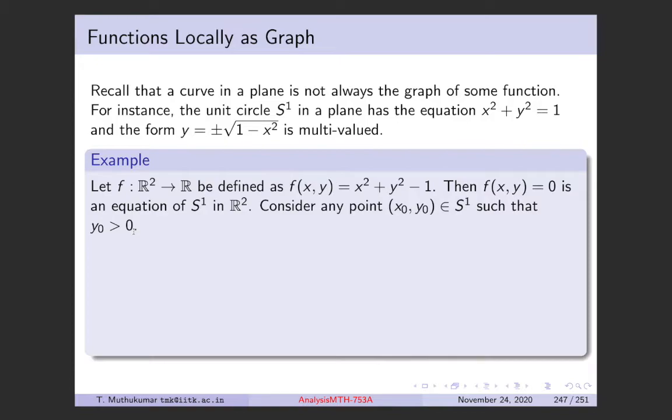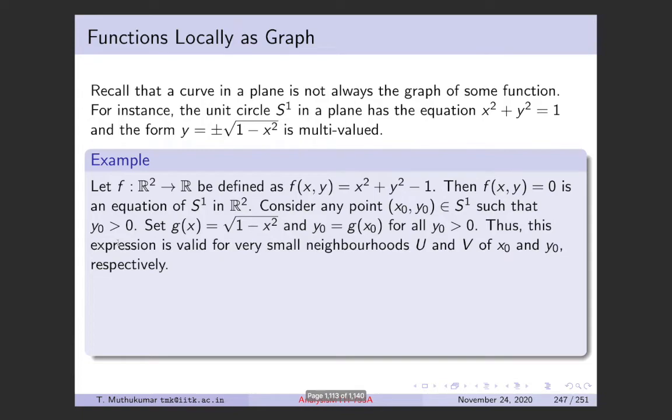So we are taking any point on the circle which is in the upper half plane. Now set g of x to be root of 1 minus x square, because you are restricted to the upper half plane, and y0 to be g of x0 for all y0 greater than 0.